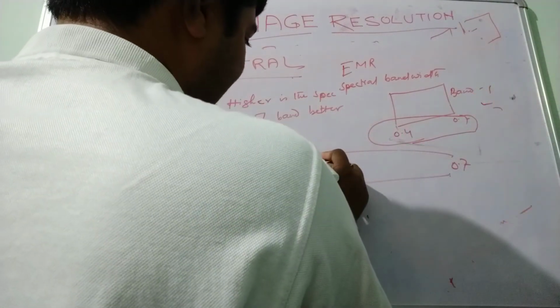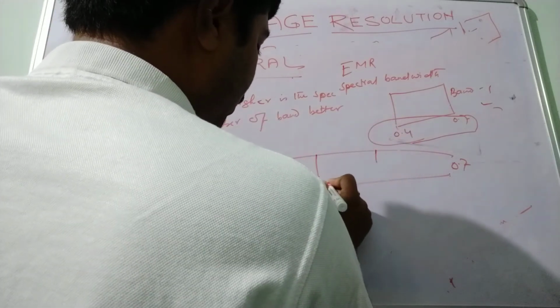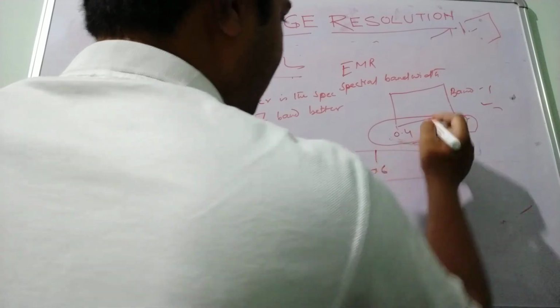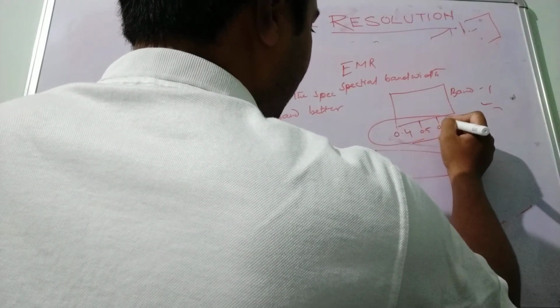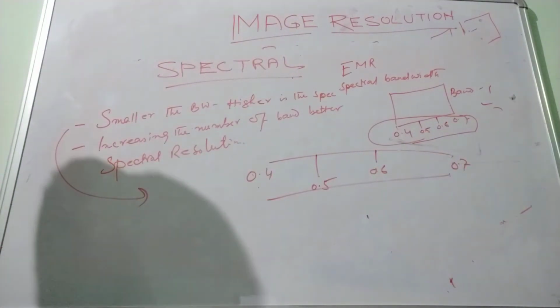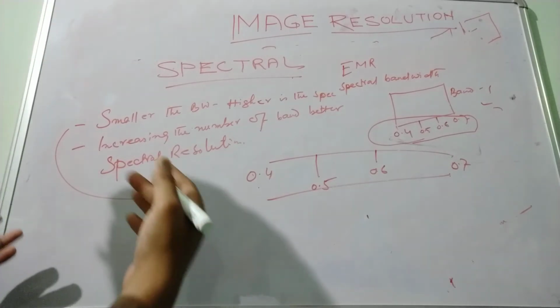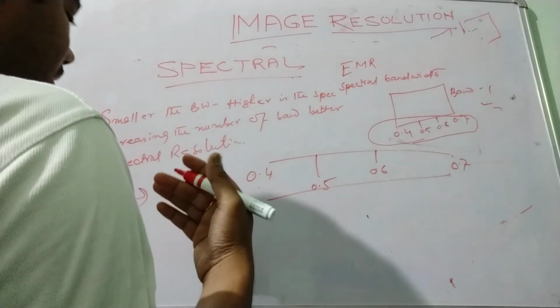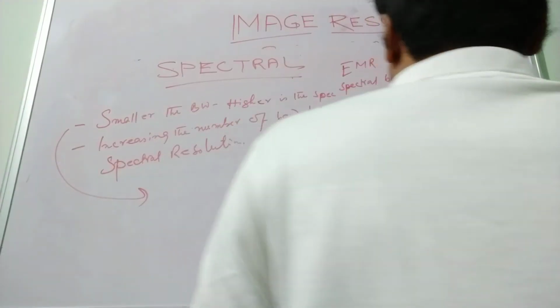Suppose we classify it into three categories: 0.4, 0.5, 0.6. Because each and every object on our Earth's surface has different spectral properties, the reflectance is different.